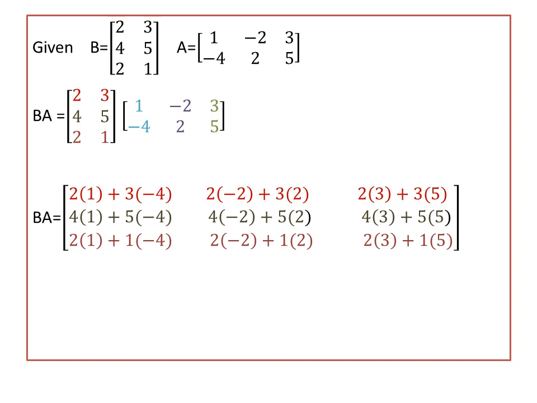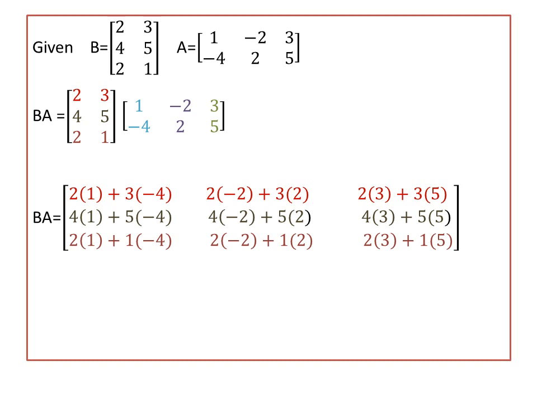Similarly, second row of matrix B to the first column of matrix A gives 4 into 1 plus 5 into minus 4. Second row of B to the second column of matrix A is 4 into minus 2 plus 5 into 2. Second row of B to the third column of A is 4 into 3 plus 5 into 5.